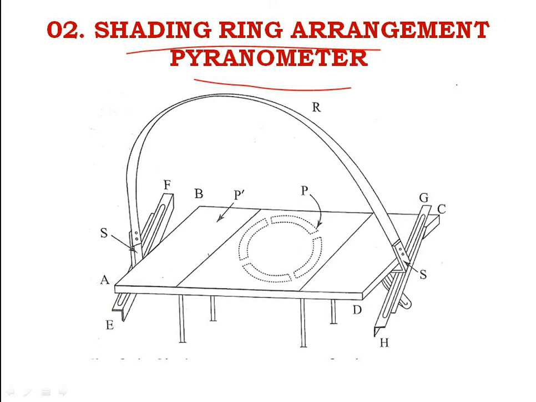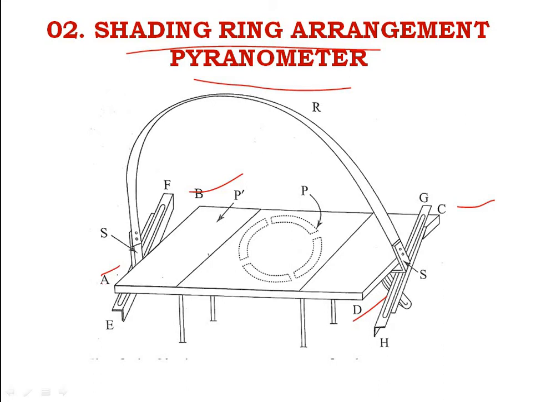The construction of one type of shading ring is shown in the figure. A, B, C, D. You can see here A, B, C, D is a horizontal rectangular frame.